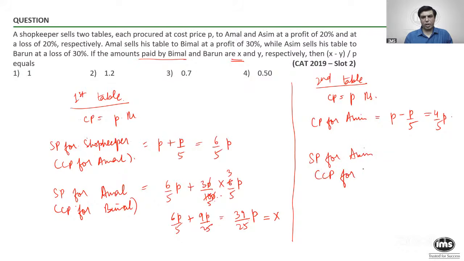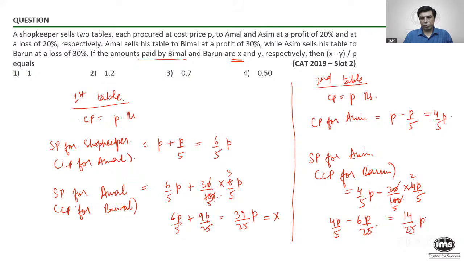That will be nothing but 4 by 5p minus 30% of this. If we calculate this, it is 4 by 5p minus 6 by 25p. If we take LCM, that is 20 minus 6, 14 by 25p. This is given to us as Y.